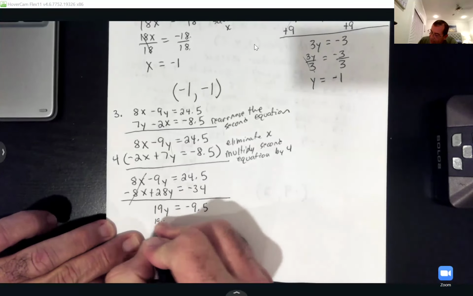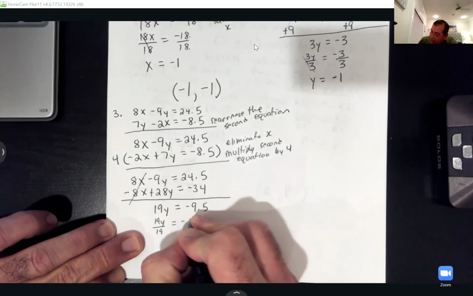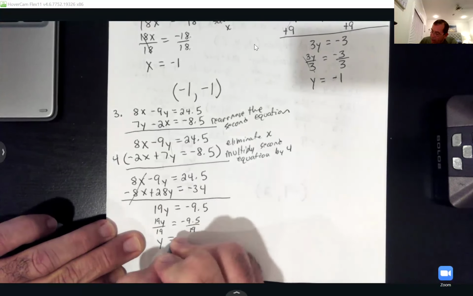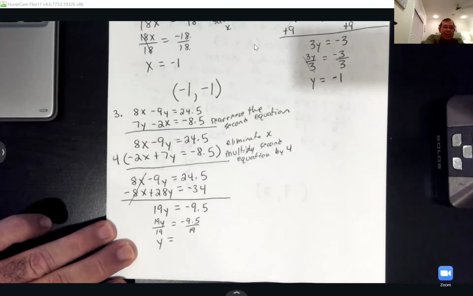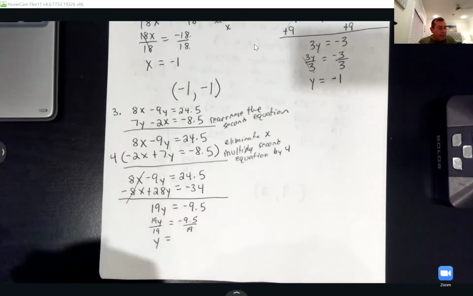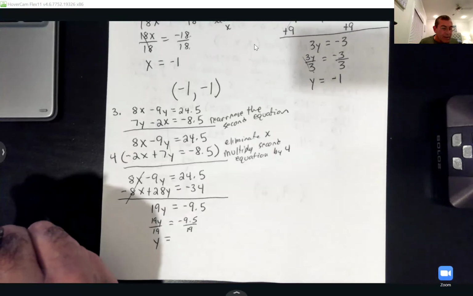Divide both sides by 19 and see what we get. That cancels, leaving y equals negative 9.5 divided by 19. Now let's see how they want these answers.